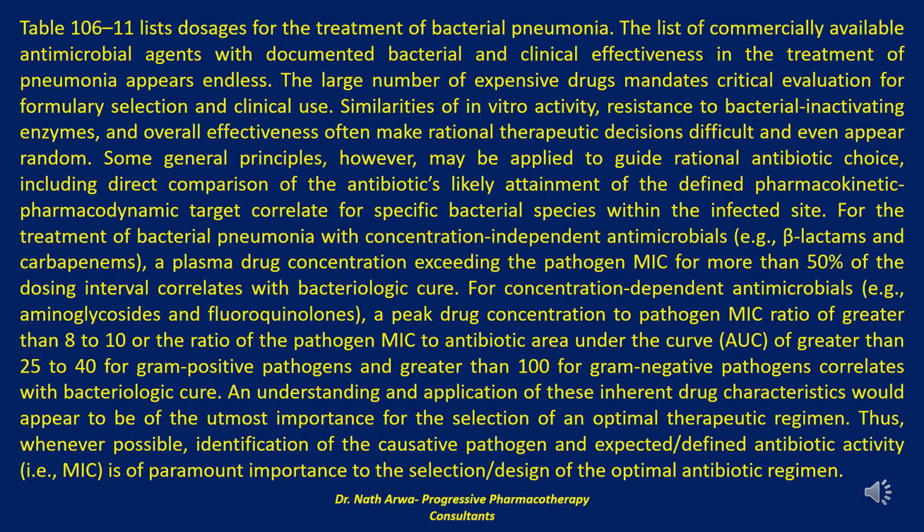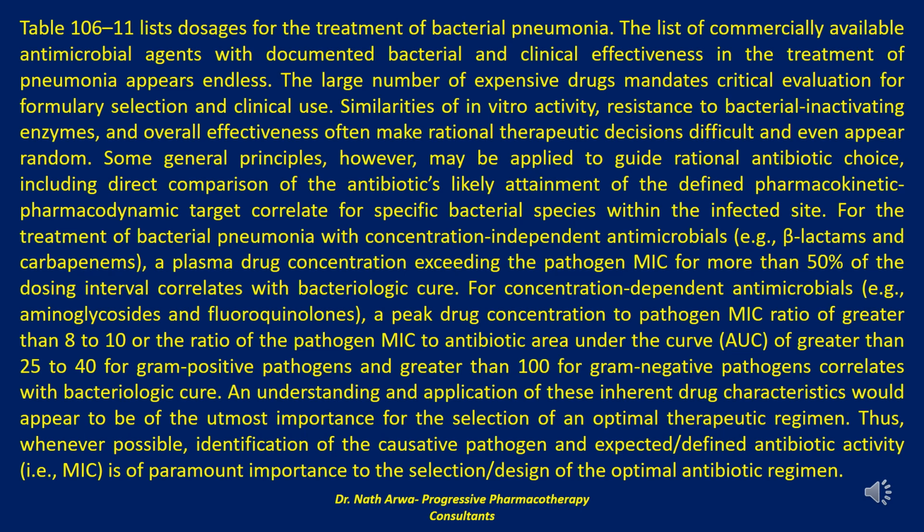For concentration-dependent antimicrobials, e.g., aminoglycosides and fluoroquinolones, a peak drug concentration to pathogen MIC ratio of greater than 8 to 10, or the ratio of the pathogen MIC to antibiotic area under the curve, that is AUC, of greater than 25 to 40 for gram-positive pathogens and greater than 100 for gram-negative pathogens correlates with bacteriologic cure.